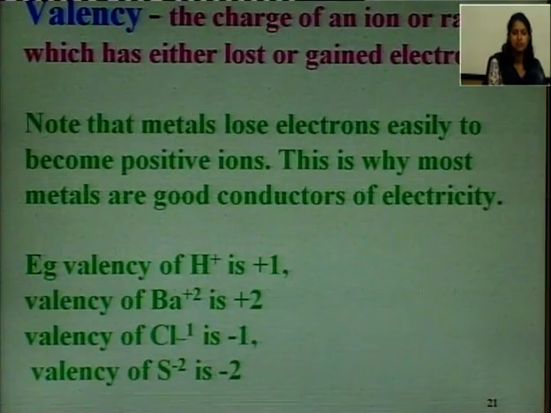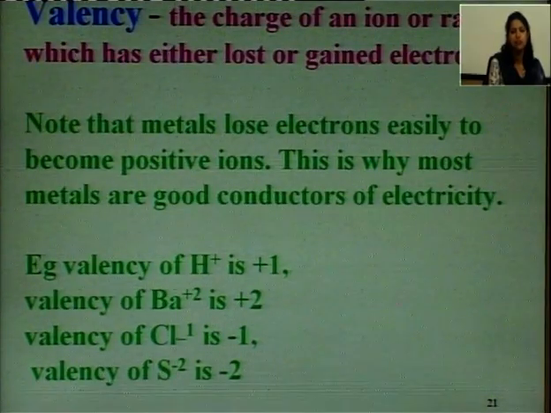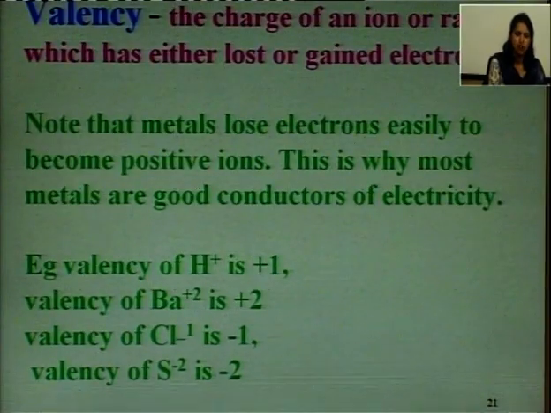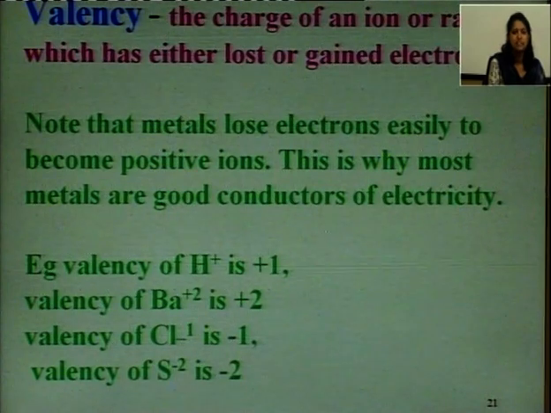For example, sodium is a metal, so it easily loses the electron and becomes positively charged. That is why metals are good conductors of electricity. This behavior also depends upon the number of electrons lost by the atom. For example, valency is the charge on the ion.